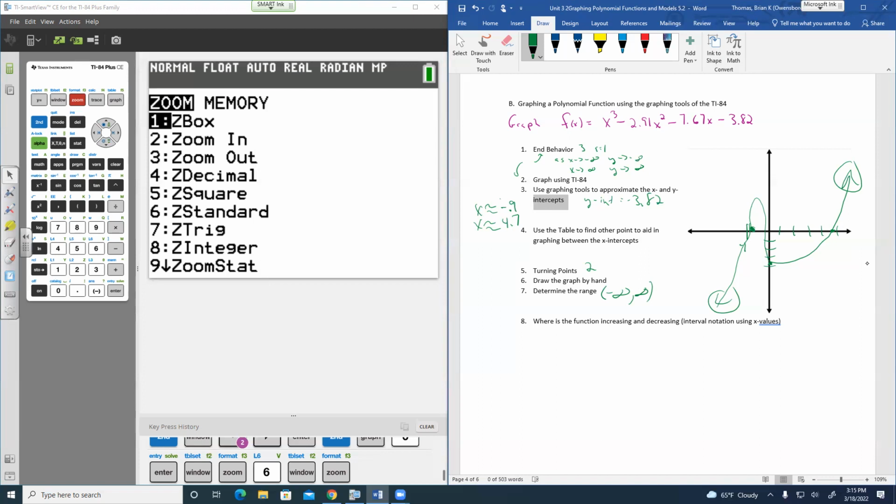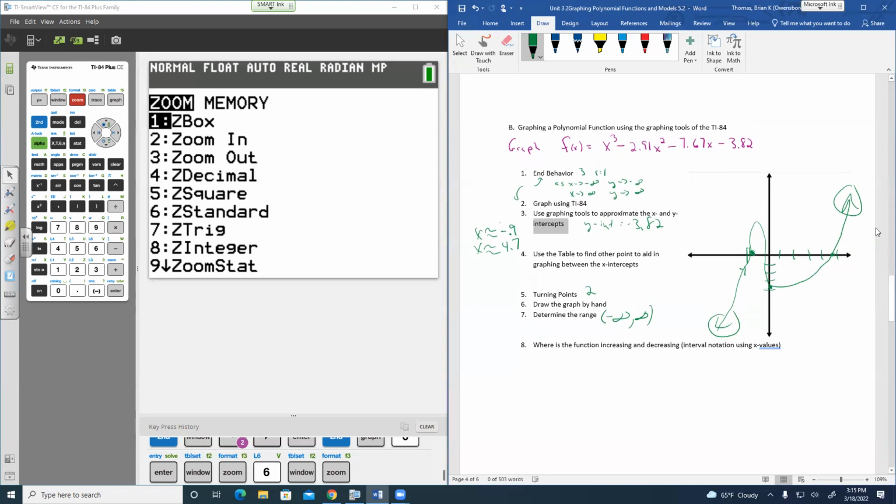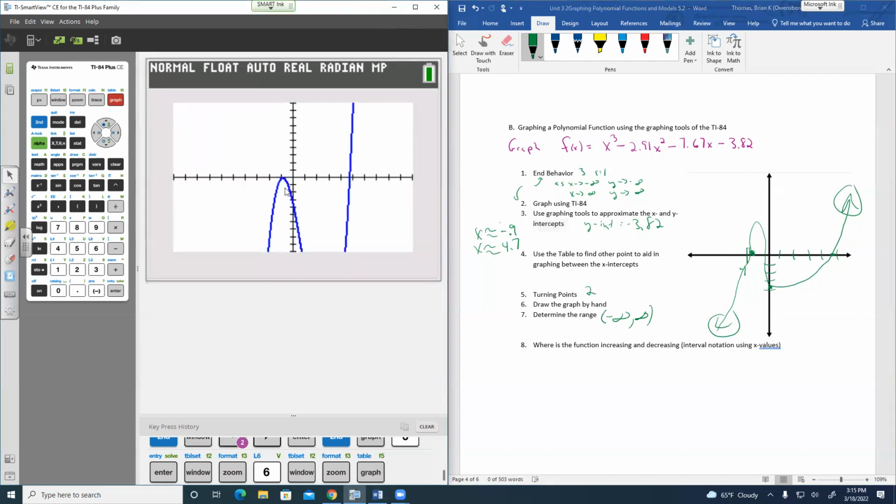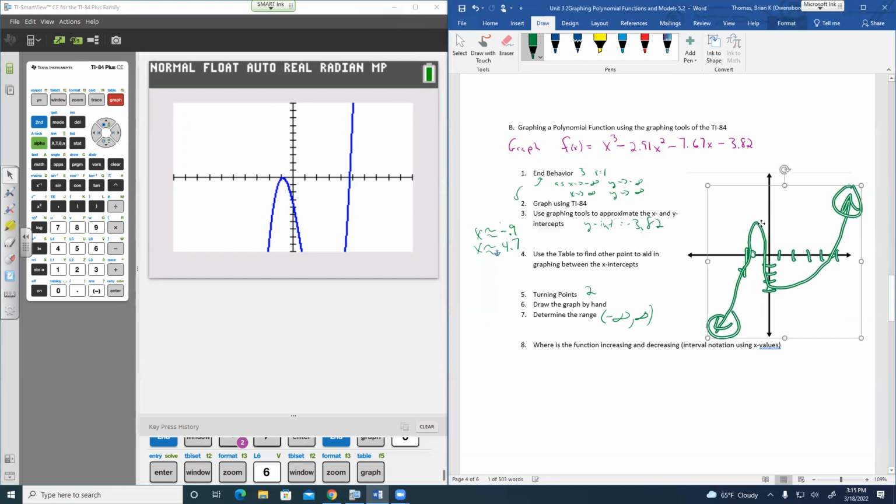Let me see here. Did I miss an x-intercept? I think I've only got 2. I should have 3, shouldn't I? Oh, I know what happened. If I look back at my graph, we see that this actually was a degree 2 multiplicity. So that's where I probably need to clean my graph up a little bit. Oops.